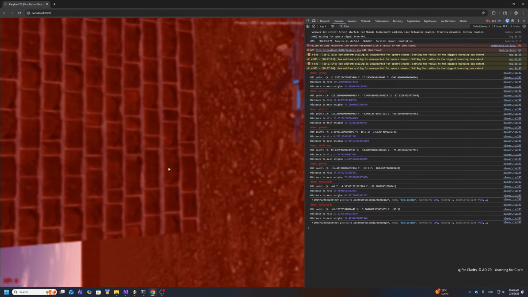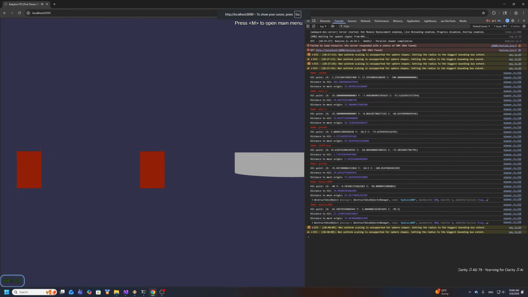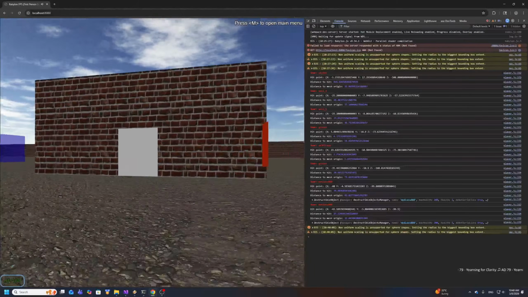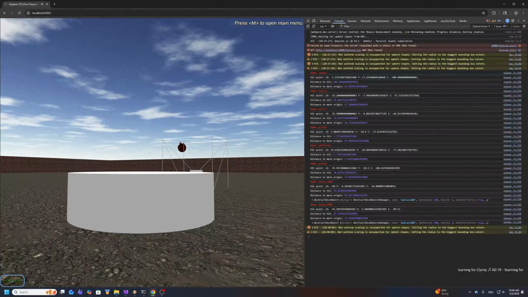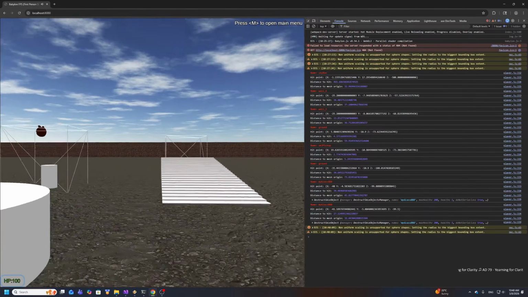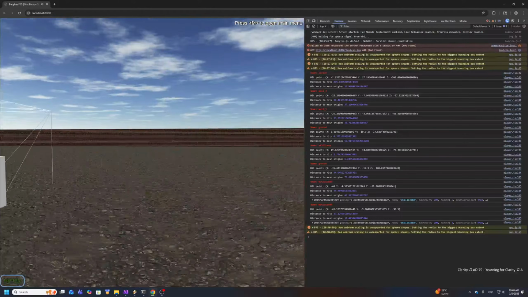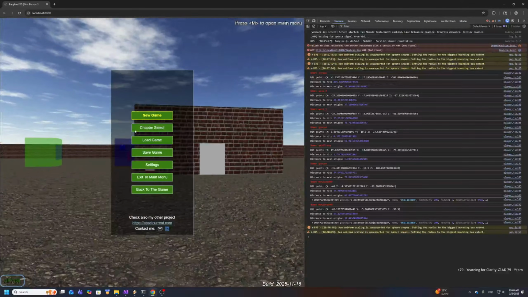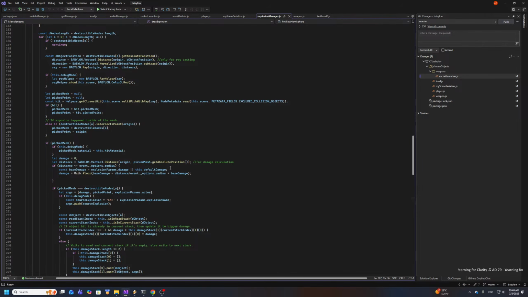We made it work really smooth, our jumps, landings, and even crouching. Everything is coherent, I like it. And then we also fixed issues with aiming.